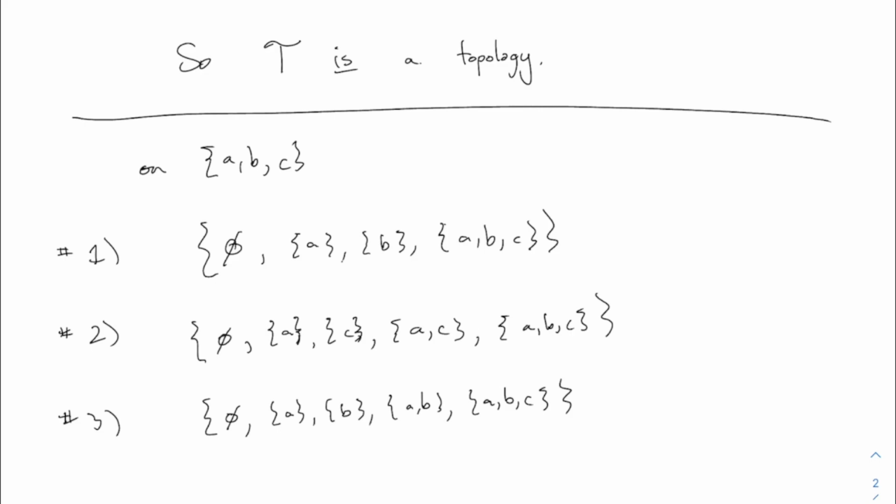Sorry, I have a typo in that last one. I meant that. Maybe I'll give you a moment to think about it, and then we can talk about them. You should either say yes, it is a topology, or say it's not, and tell me which of the rules is violated about some intersection of something or other, or some union of something or other.